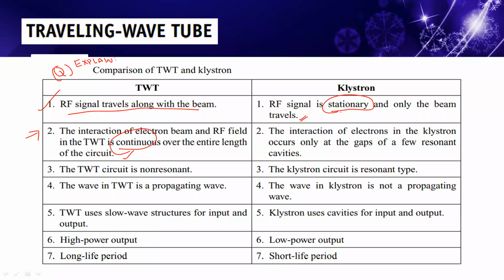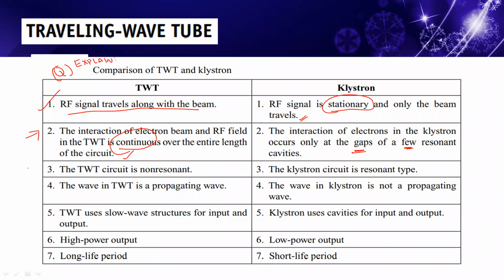Whereas in the klystron, the interaction of electrons occurs only in the gap with respect to the resonant cavity. We have two cavities in the two-cavity klystron, four cavities in the multi-cavity klystron, and a single cavity in the reflex klystron. Therefore, interaction of electrons occurs only at the gaps.